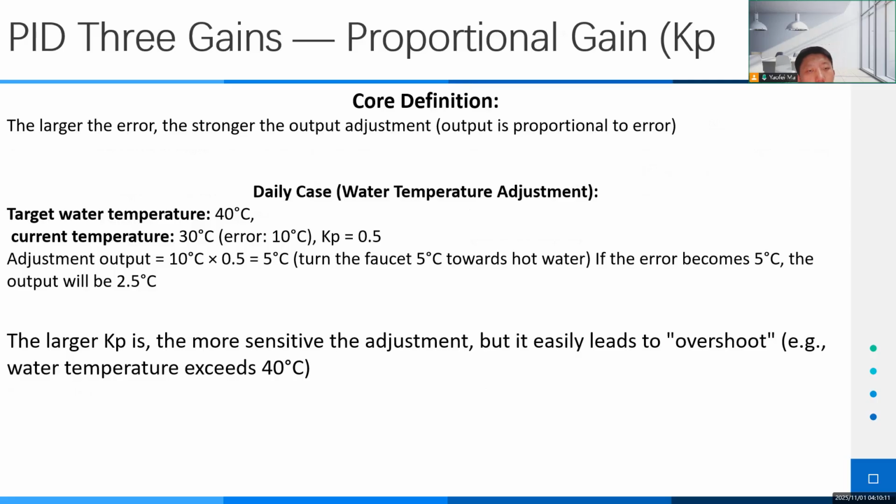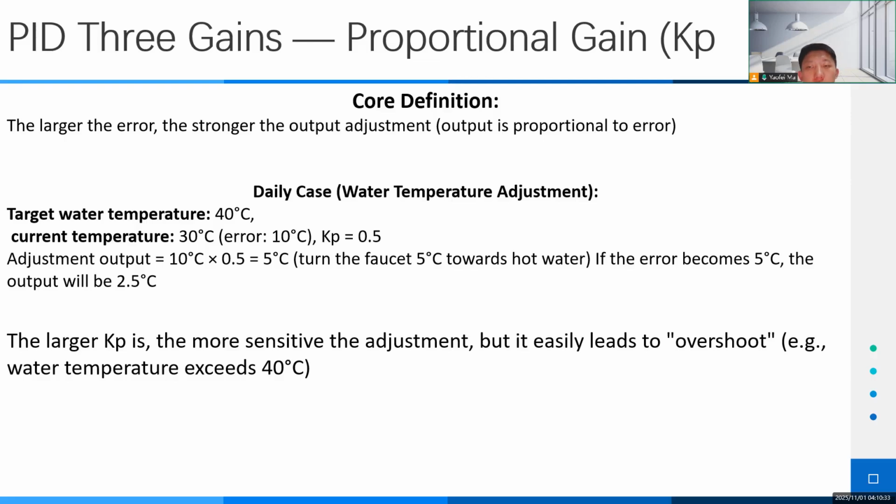Take the water temperature example again. Target temperature 40. Current is 30. KP is 0.5.